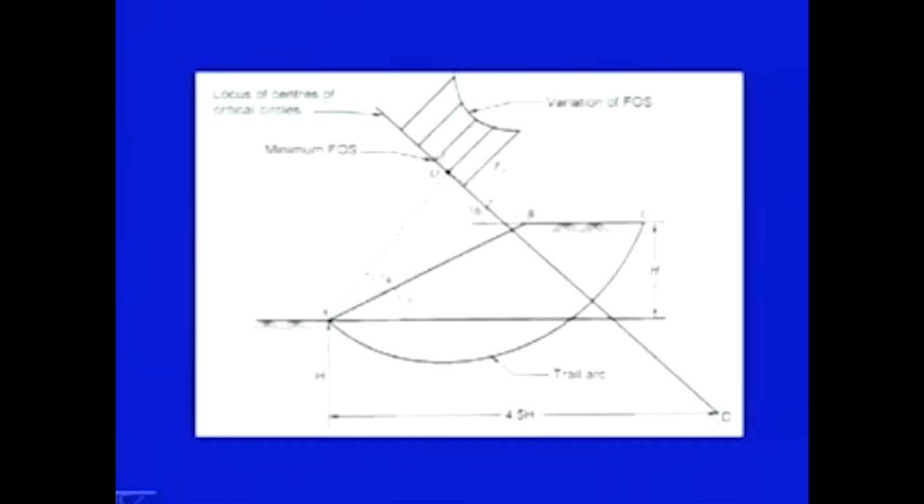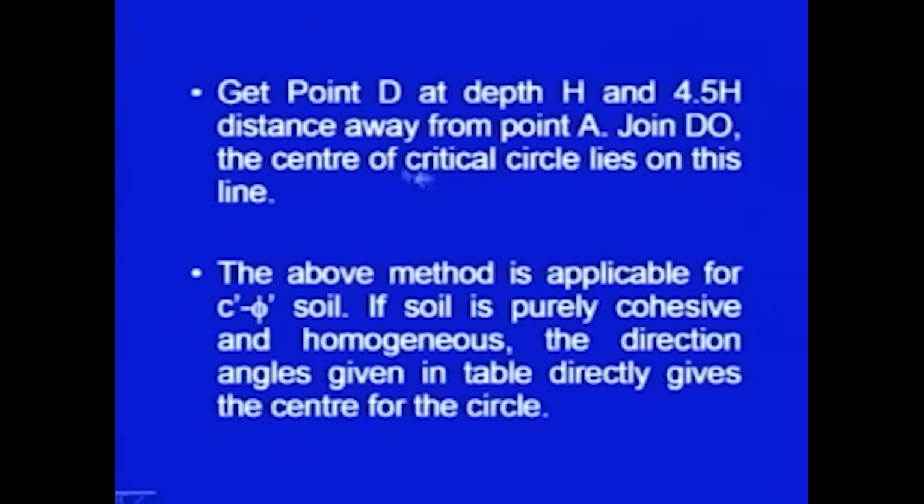This way those tedious computations can be avoided. This is the rest of the procedure: get point D at depth h and 4.5 h distance away from point A, then join DO, and the center of the critical circle lies on this line.